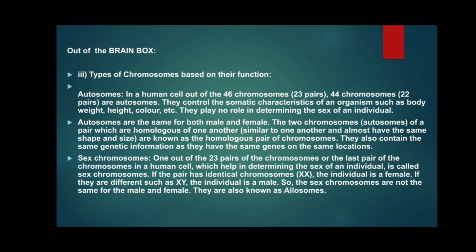The sex chromosome is the last pair, the 23rd pair of chromosomes, which helps in determining the sex of the individual. You studied in class 8 that if the pair is identical, that is XX, the individual will be female, and if non-identical, that is XY, the individual will be male.